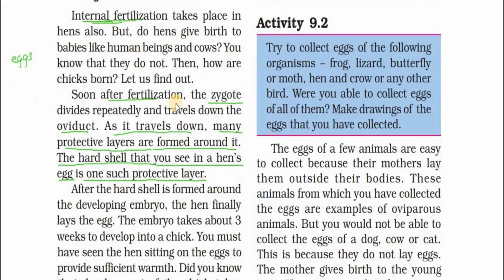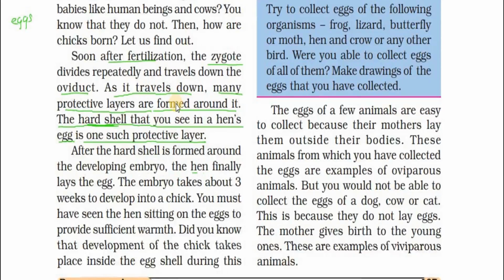So fertilization is internal, and then the zygote is dividing, and a protective layer is forming around the zygote, which is the hard shell. And after the shell is formed around the developing embryo, the hen now finally lays the egg, and the development of the egg now occurs outside the hen's body.